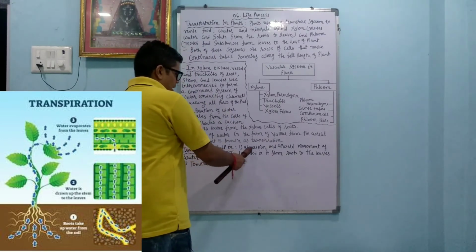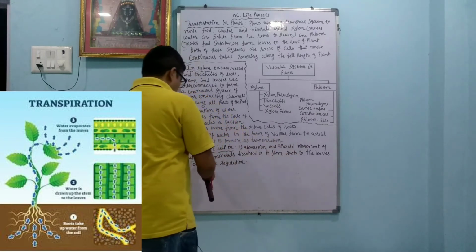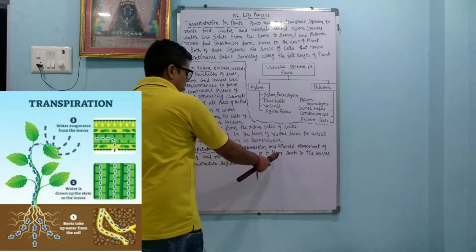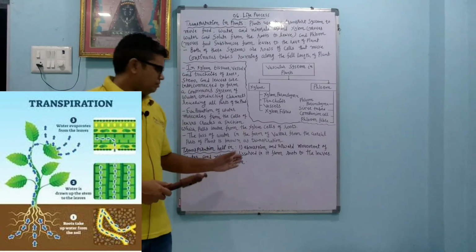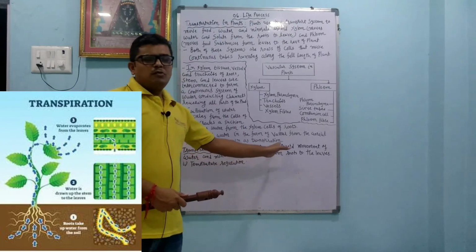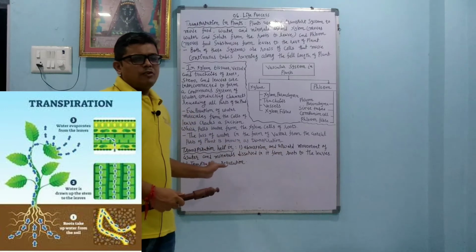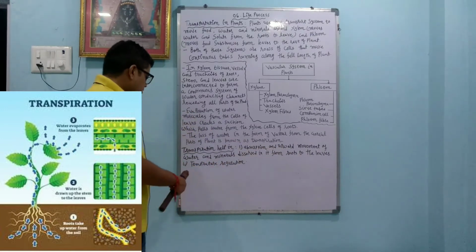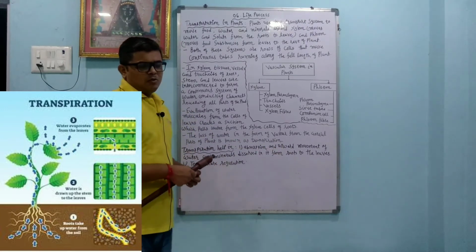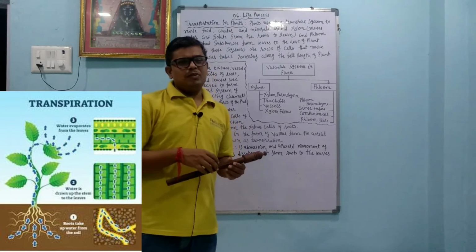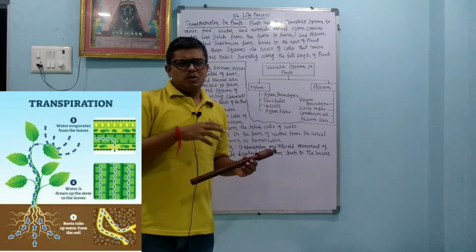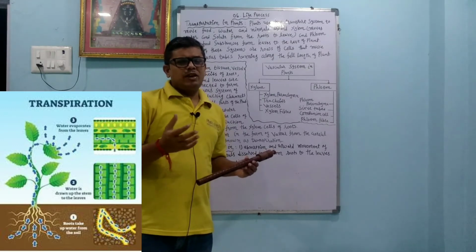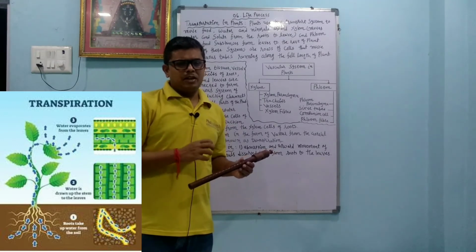Transpiration helps in absorption and upward movement of water and minerals dissolved in it from root to the leaves, as well as temperature regulation. At high temperature some enzymes do not work, so because of transpiration water continuously enters the plant and it maintains the temperature.